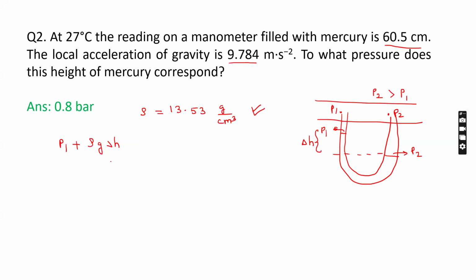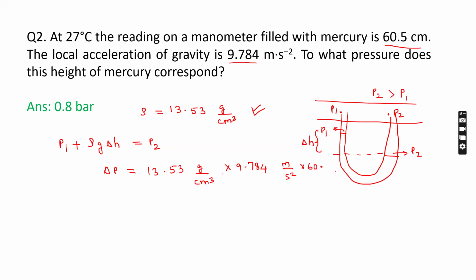Therefore, the delta P is equal to 13.53 grams per centimeter cube into 9.784 meter per second square into 60.5 centimeter.